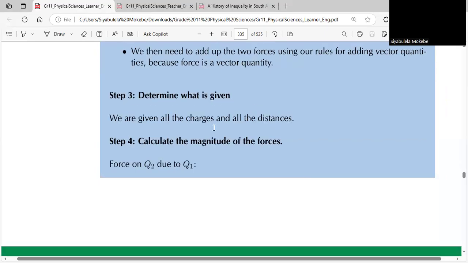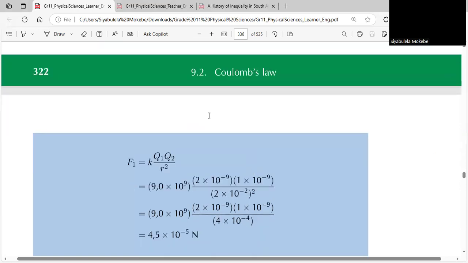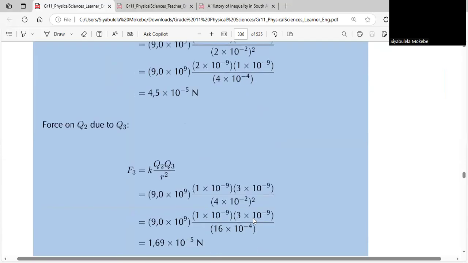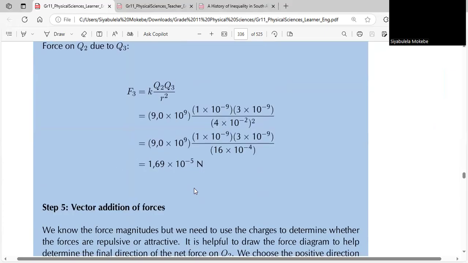Since we are given all the charges and all the distances, we can now calculate the force on Q2 due to Q1. If we do that, we should get 4.5 times 10 to the -5 newtons. And then the force on Q2 due to Q3 is 1.69 times 10 to the -9 newtons.